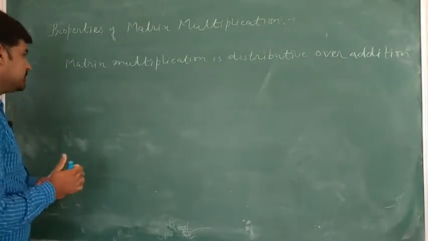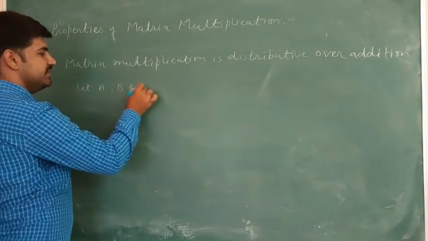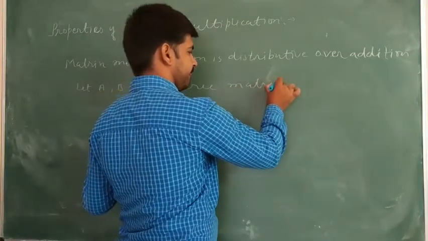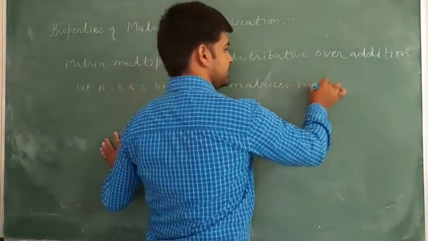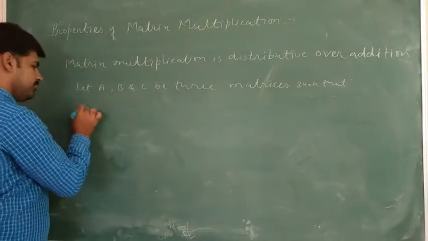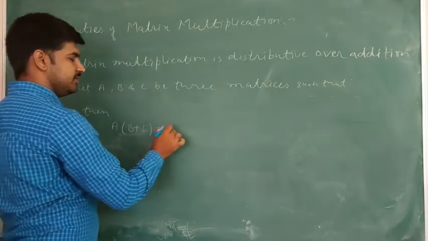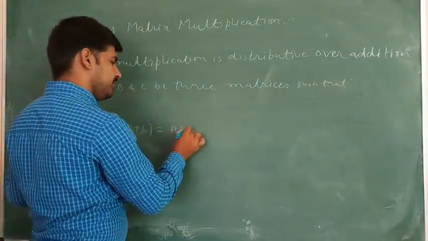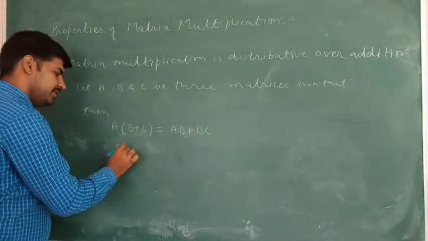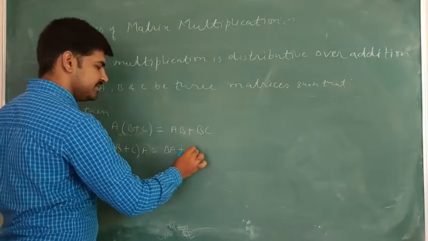How is matrix multiplication distributive over addition, students? Let A, B and C be three matrices such that A times (B plus C) is equal to AB plus AC, and also (B plus C) times A is equal to BA plus CA.